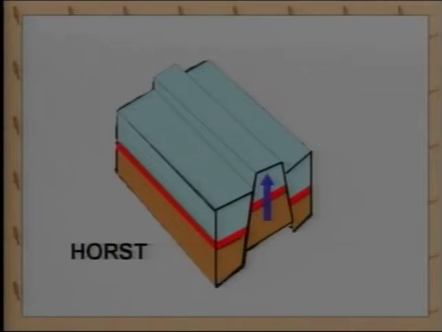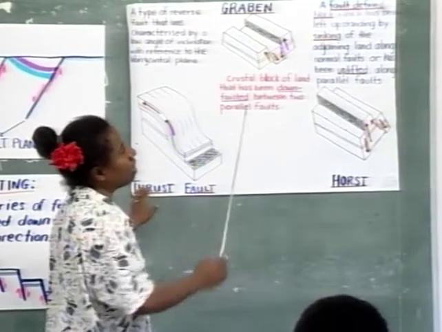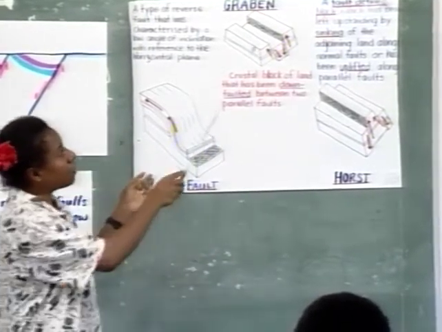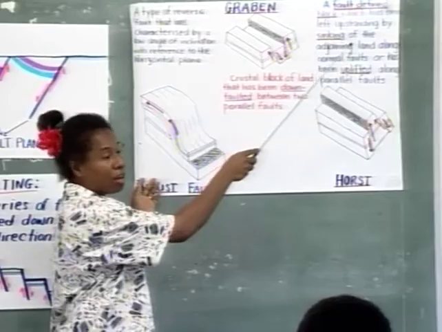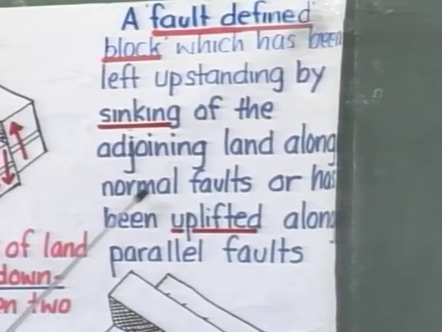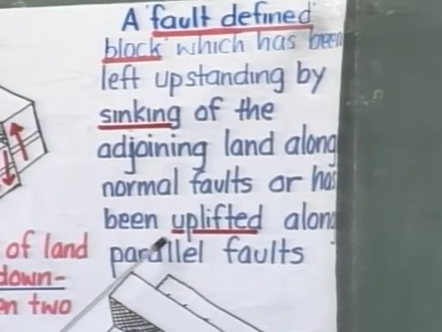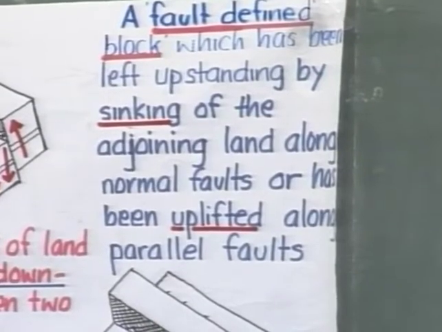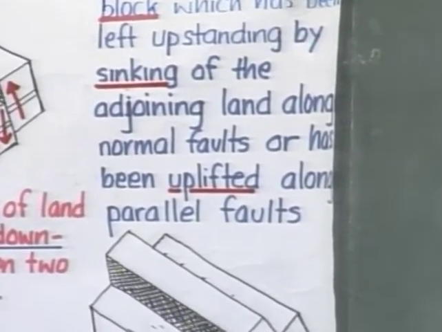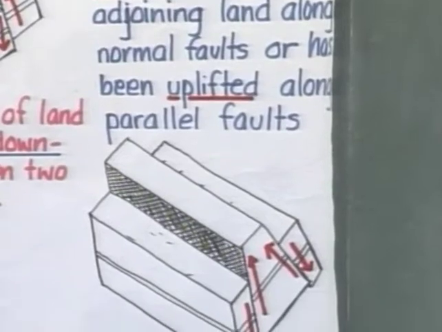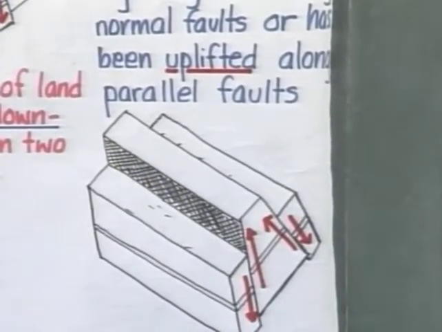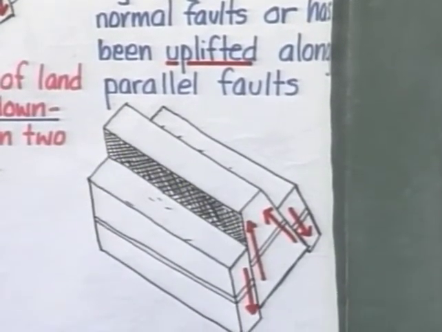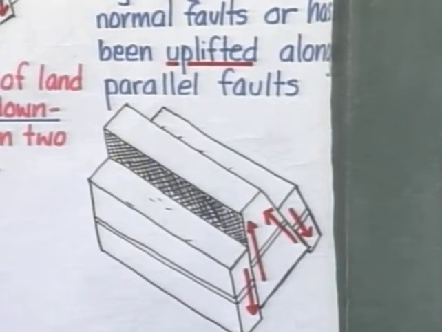Information from the chart. Definition to a horst, it is simply a fault-defined block which has been left upstanding by sinking of the adjoining land along normal faults or has been uplifted along parallel faults. So along the two fault lines, the blocks on the side could be depressed, or along two fault lines, the block in the middle could be uplifted.